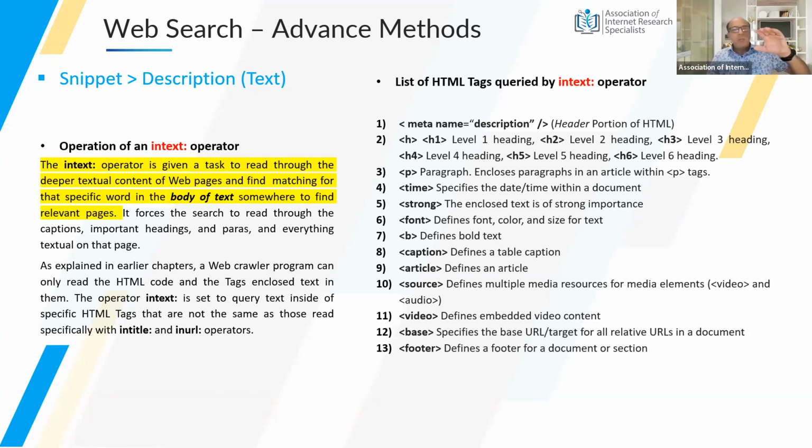Meta information is where it's going to go first, as it is the main information or gives a general idea. When we say body of text, it is going to query everything else, sorry, I apologize, inclusive of meta text.